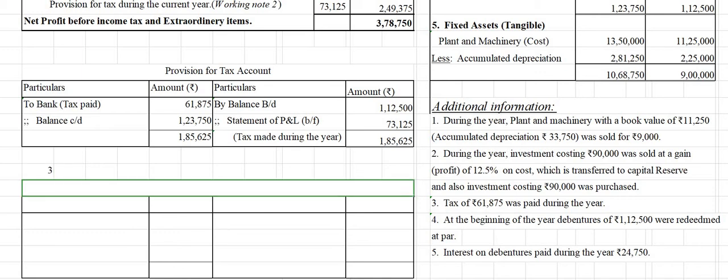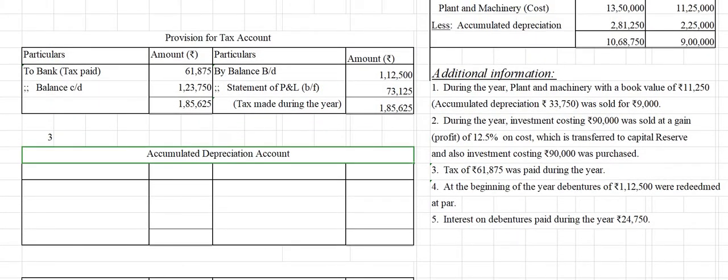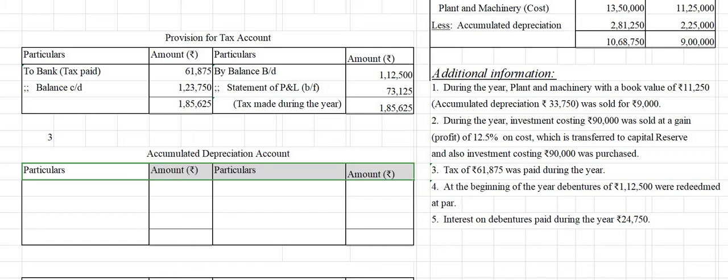So first of all, we can prepare accumulated depreciation account. In accumulated depreciation account, let us give the account heading. So accumulated depreciation account is a liability account. So we can write the opening balance 2,25,000.